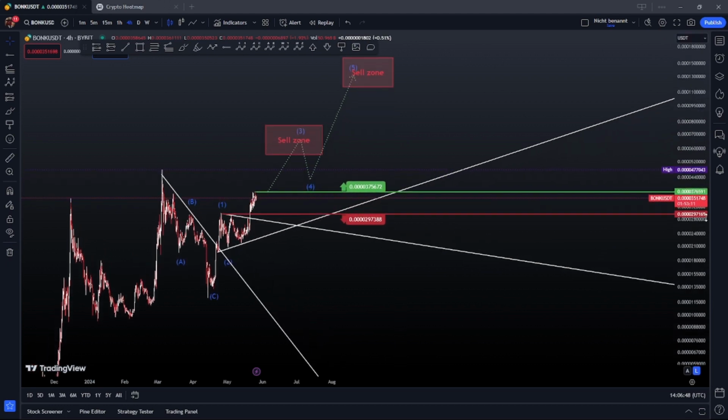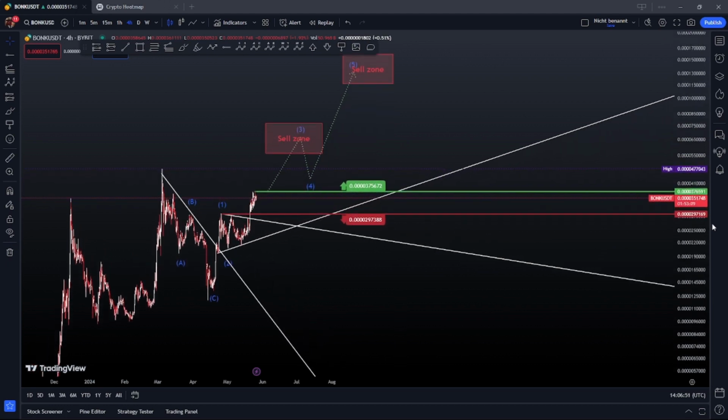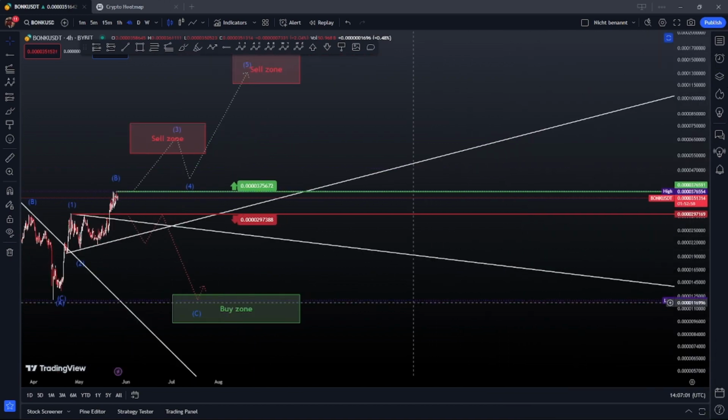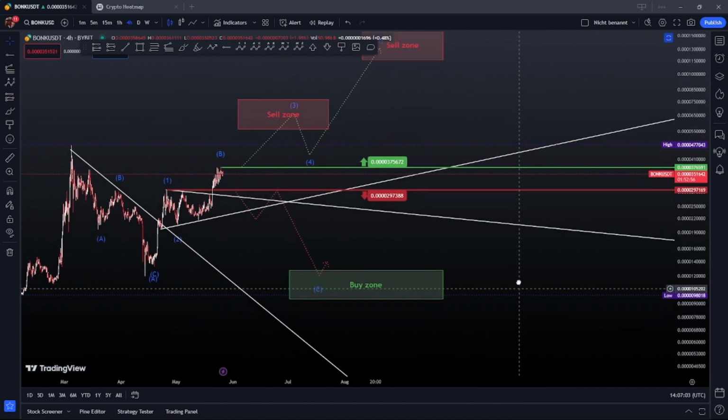And one more thing, the probability. I almost forgot it. So which scenario over here is probably going to happen?